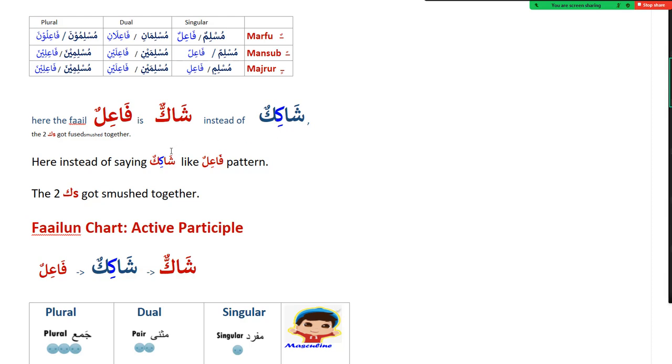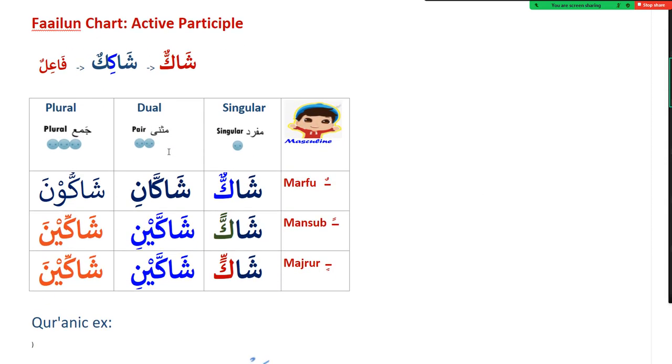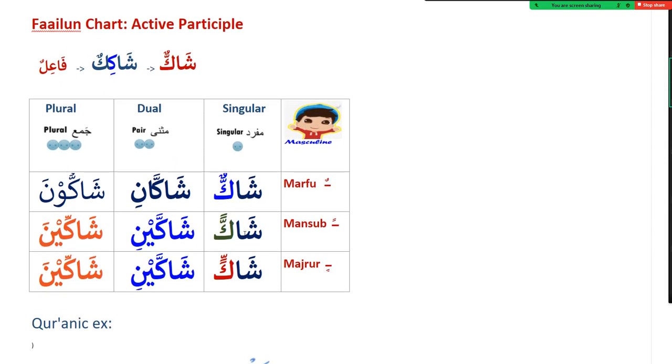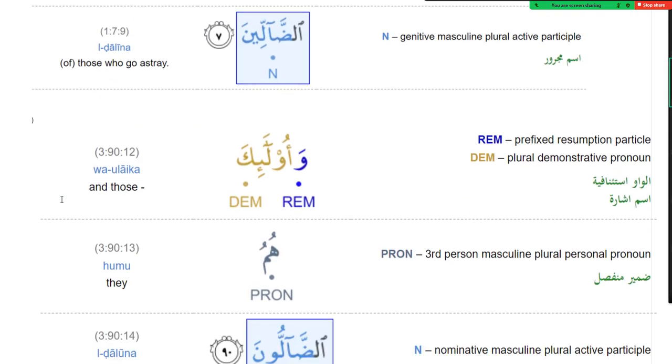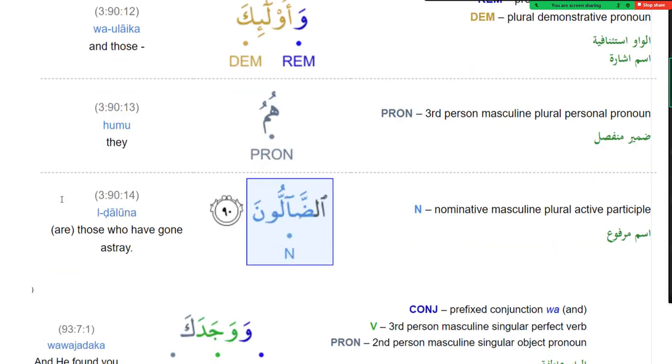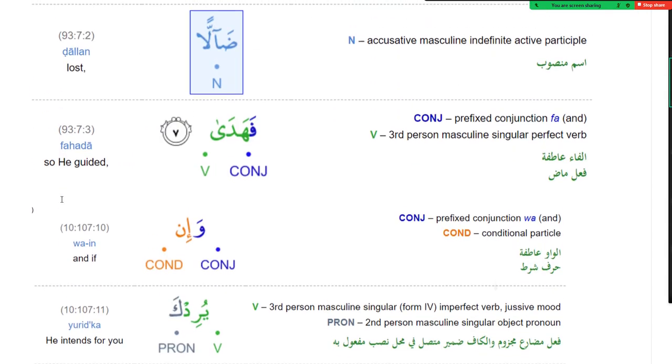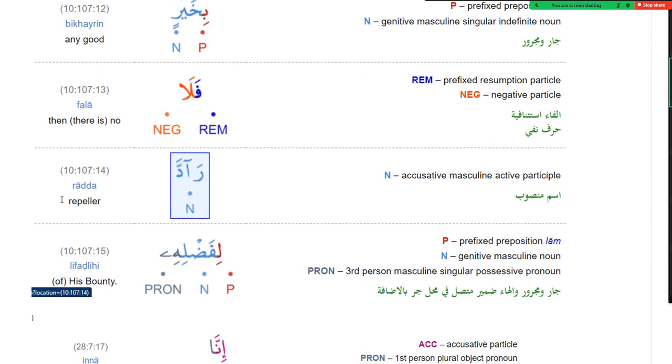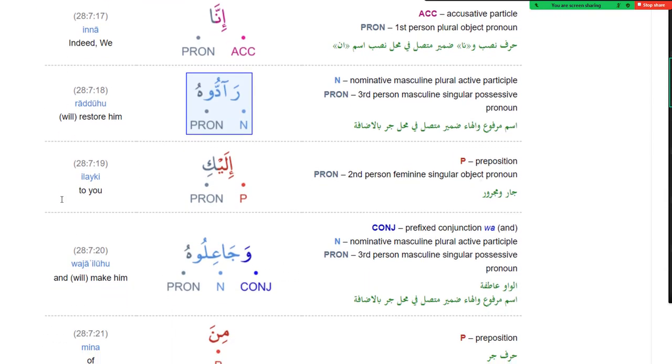It becomes shakun, and this follows the Muslimun chart: shakun, shakan, shakin. For the dual, shakani, shakaini. For the plural, shakuna, shakina. So that's why we have dalin, dalun, dalan, and we have radda, and we have radduhu.